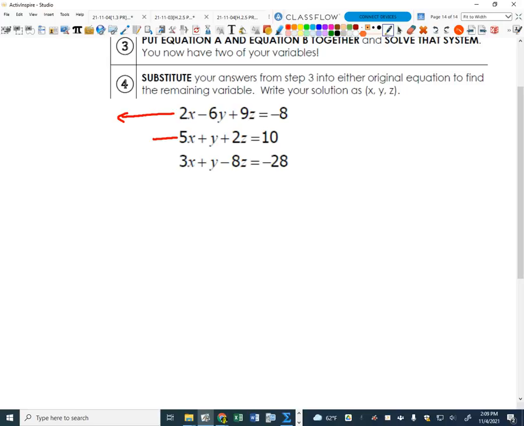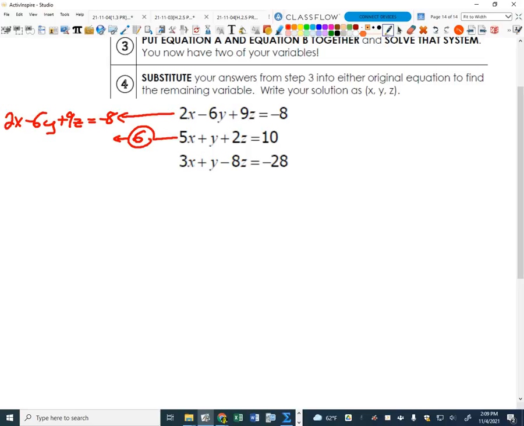Six. Anybody see that? So the top one would just give me 2x minus 6y plus 9z equals -8.